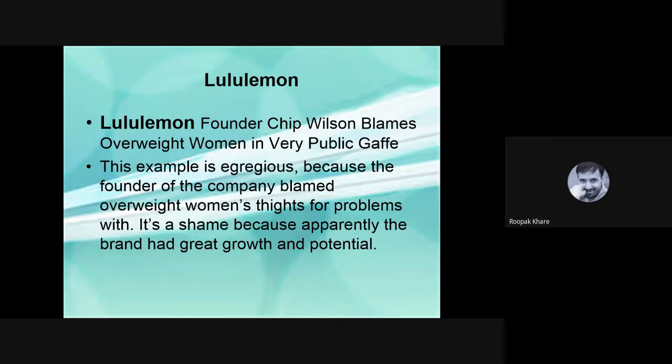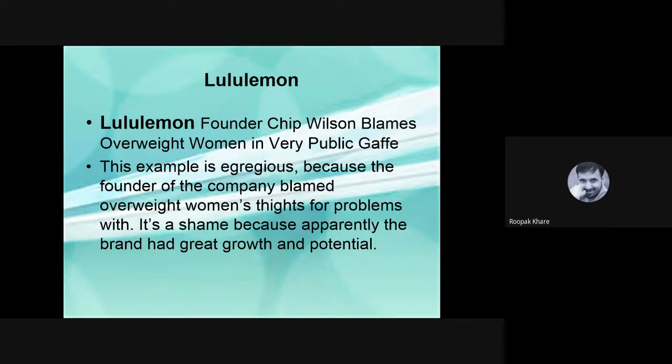The founder was Chip Wilson, and when he was questioned in an interview that your clothes don't fit certain people, he answered that overweight women have fat thighs, and hence they cannot wear the clothes made by our company.